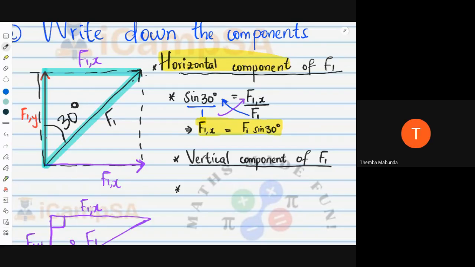Can you please repeat the question? Well, I'm saying since we just found the horizontal component of F1, right? Obviously, it's an equation. How do we find the equation of the vertical component of F1? Because we already have the horizontal component. Using the same way, how do we find the vertical component now?